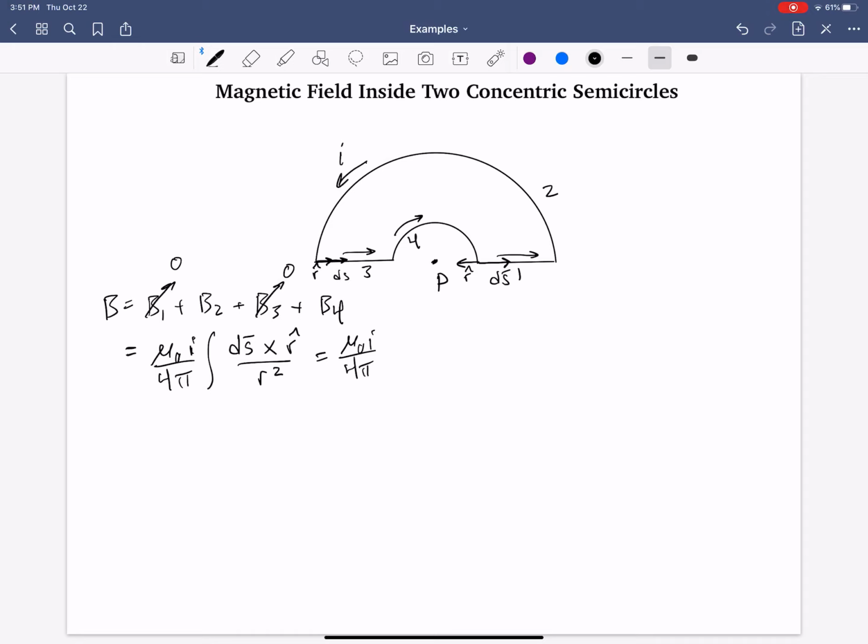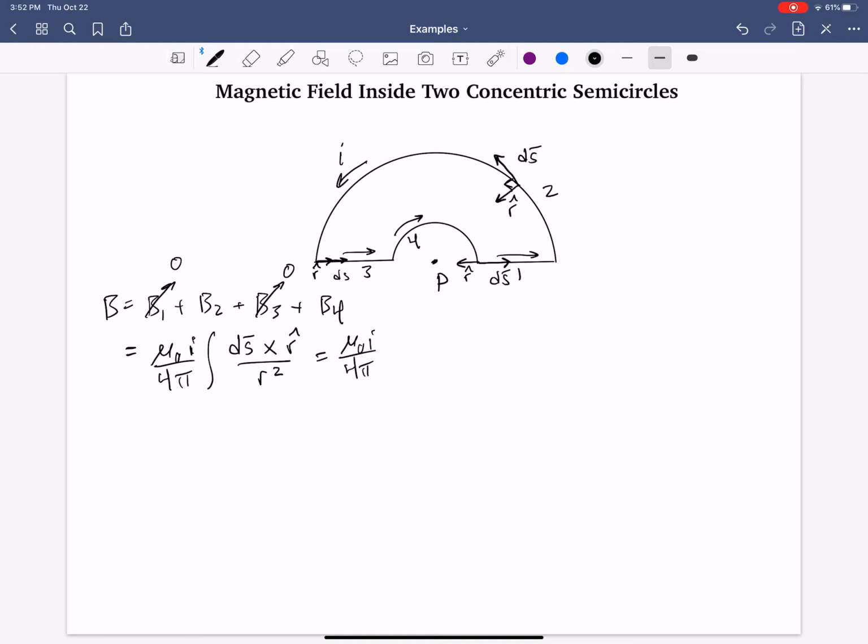So let's look at segment 2. For example, we might have a ds vector pointing at that orientation. The good thing about this integration is that we don't have to choose any specific ds along segment 2. Just pick one, and then we'll integrate its contribution along the entire length of the segment. And because this is symmetrical, that's easy. All right, so the r hat goes from that segment towards point P, and now that is a right angle.